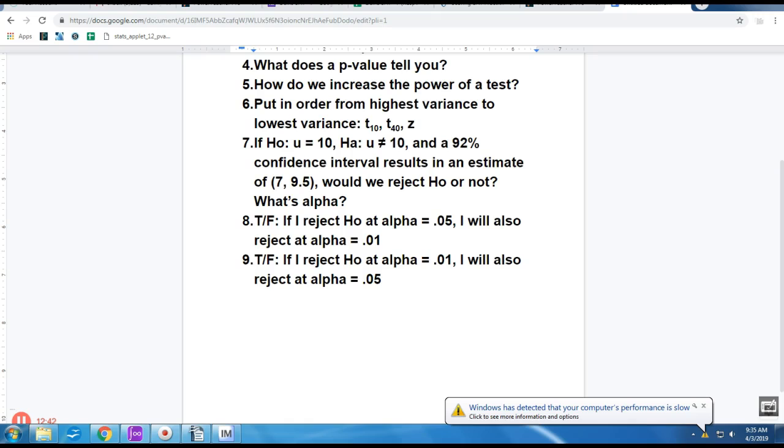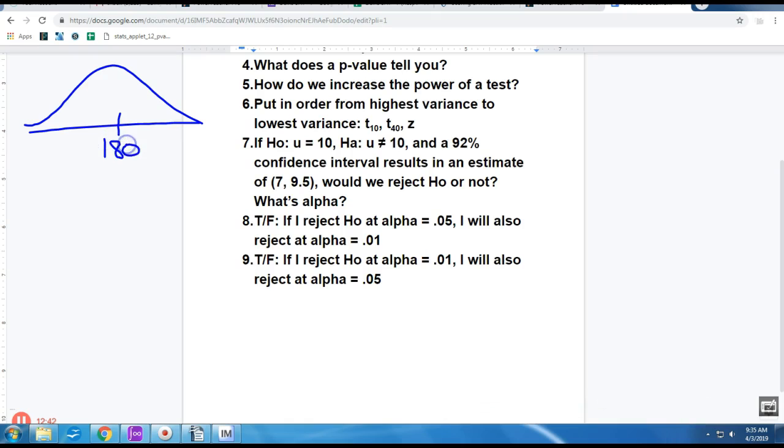So the p-value tells me, let's say that I claim my IQ is 180. It's not 180, that's absurd. And then I go take an IQ test, and I get a 140.